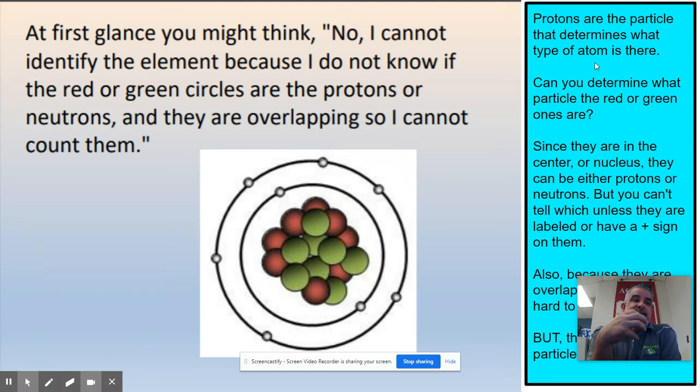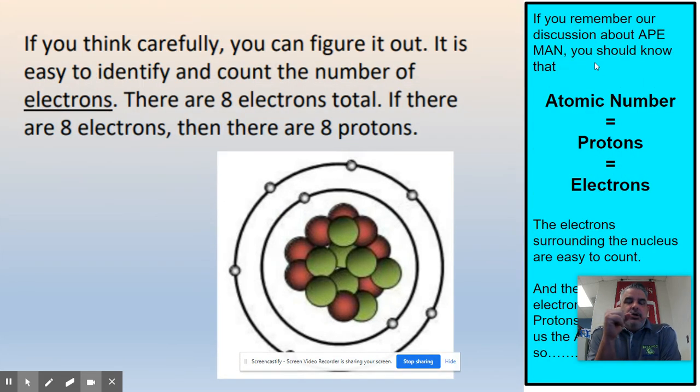But there is something else that you can use to identify what this element is. So if you remember our discussion about APE MAN, the atomic number, which is the number of the element, is equal to the number of protons. And remember, we can't tell which ones are protons in the nucleus, right? Because they're not labeled. That equals electrons.